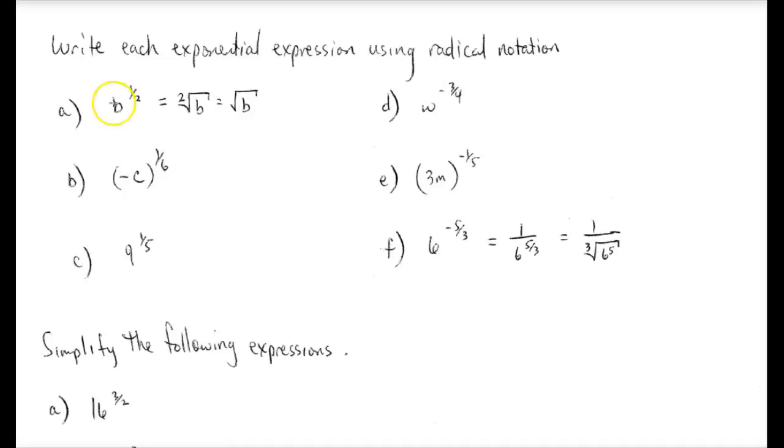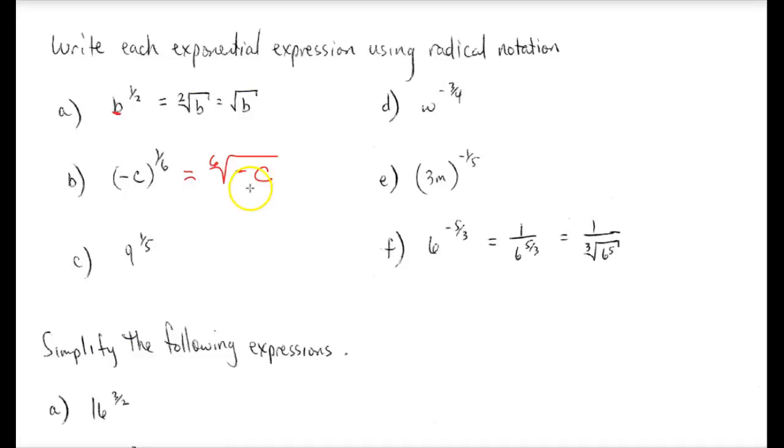Okay, so for example A, we know that anything raised to the power of 1/2 is just the same as the square root of whatever the base is. So in this case, we have -c raised to the 1/6, so that would be the 6th root of -c here.